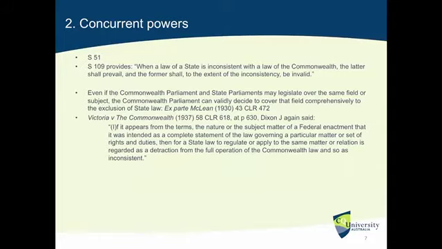The assumption is that the Australian states are meant to have the same powers as the imperial UK government prior to federation. And the only time that the powers of the Australian states have been limited or circumscribed is when they relinquished some of their legislative powers in favor of the Australian Commonwealth Parliament.